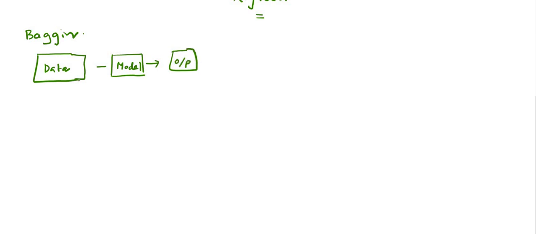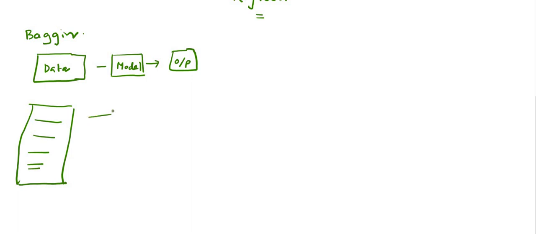That's the high level way any model works. Let's consider we have some data sets, and from this we are creating multiple models. So we will create model 1, model 2, and model 3.